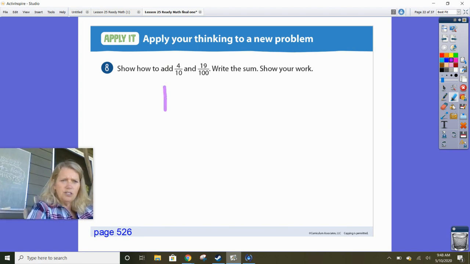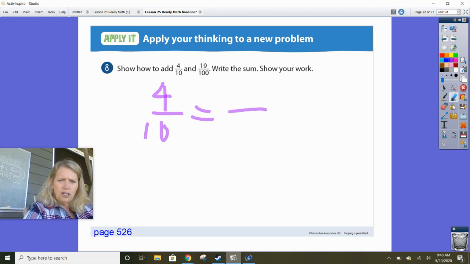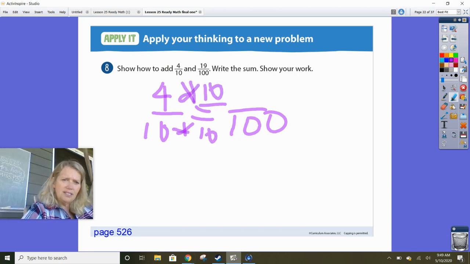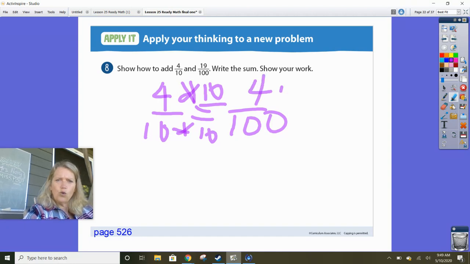Okay, so let's do this one. Let's change 4/10 to an equivalent of 100. So we multiply by 10, multiply by 10, because 10 divided by 10 is 1. So multiplying by 1 gives us an equivalent fraction. 10 times 10 is 100, 4 times 10 is 40.